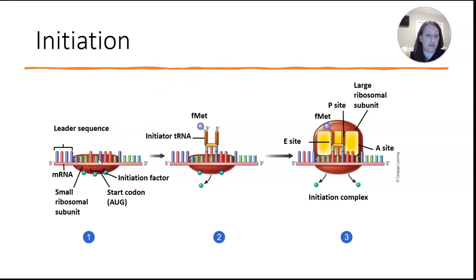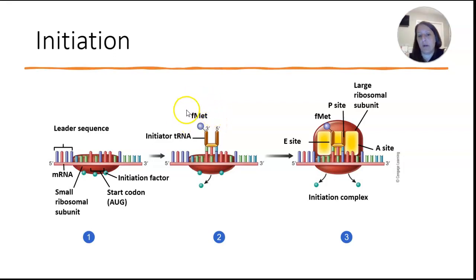So that happens first. The small ribosomal subunit with its initiation factors binds to our mRNA, travels down it until it finds AUG, which is the start codon. Once it finds AUG, it's going to bring in the initiator tRNA, which is always a tRNA attached to methionine. In prokaryotes, the methionine is formylated, so it's called FMET.